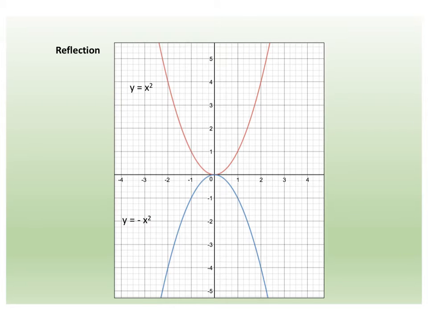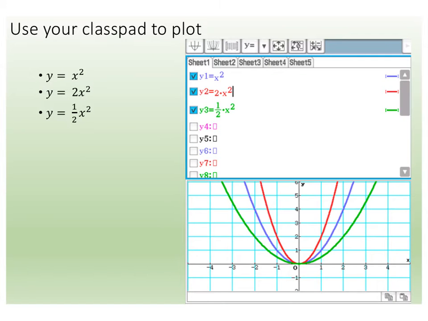Alright? I would now like you to take out your class pad. Plot the three different parabolas. See if you can get the same graph as me. Here you know that the blue line is y equals x squared.